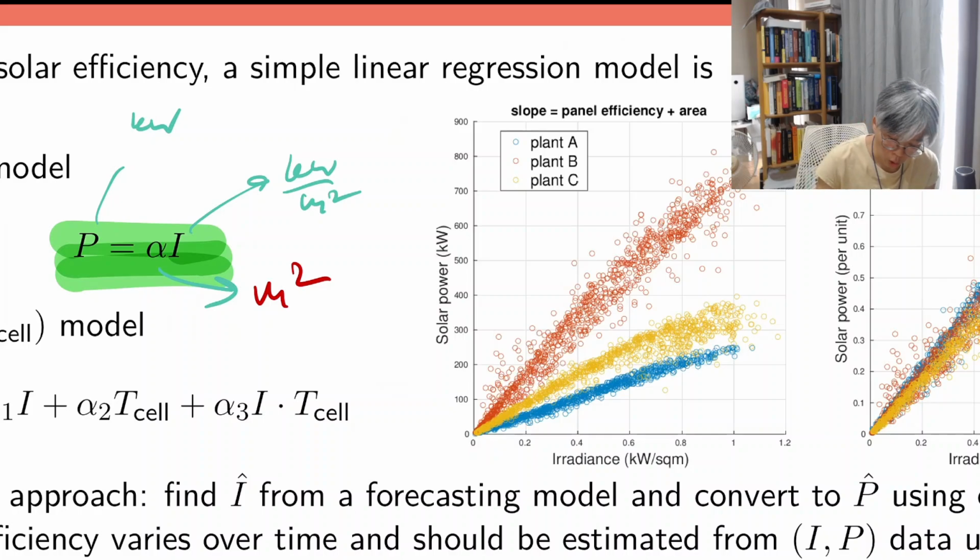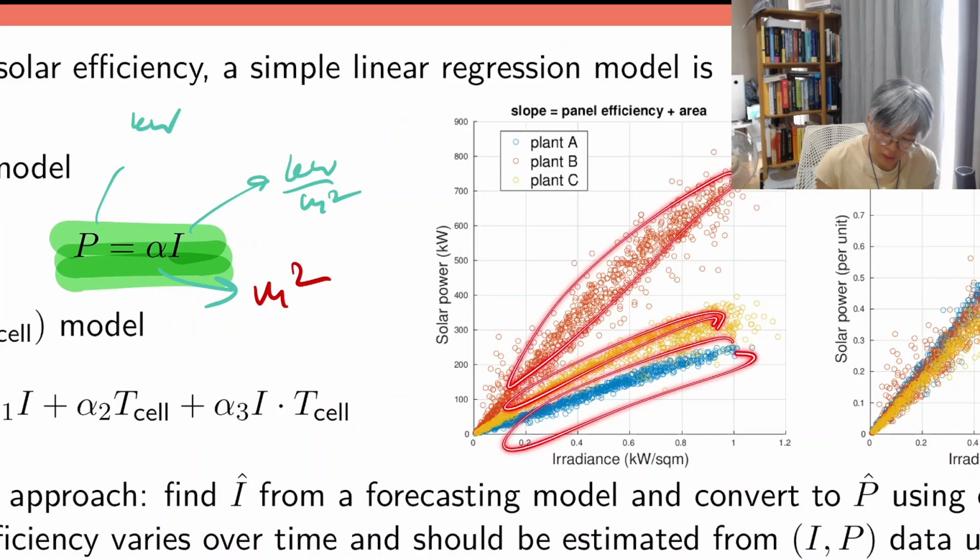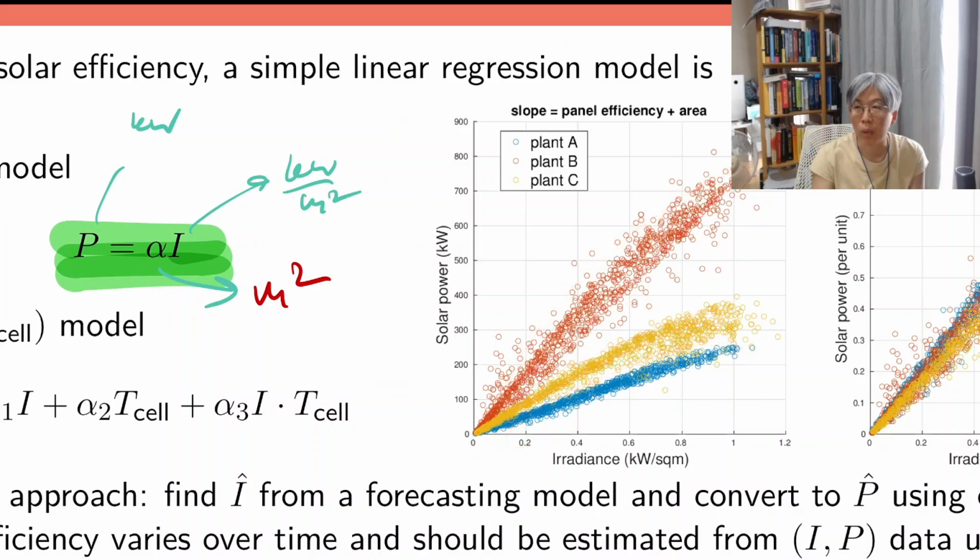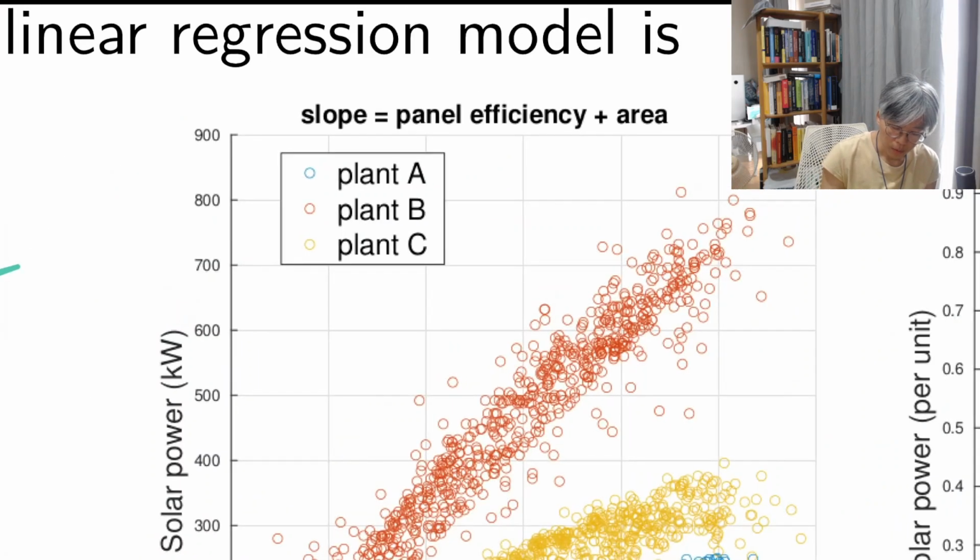So the slope keeps the information of how big your solar panel system is, but it also implicitly keeps the information of panel efficiency. Loosely speaking, this is not directly additive, but conceptually the slope contains the information of panel efficiency and the area.